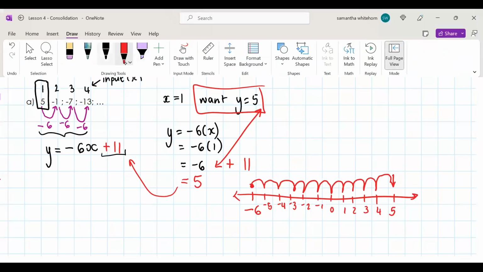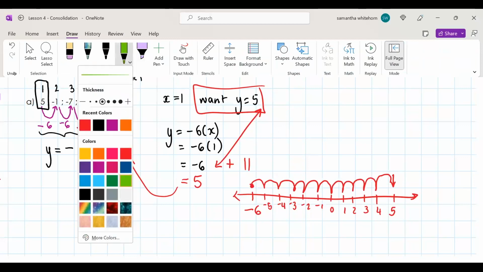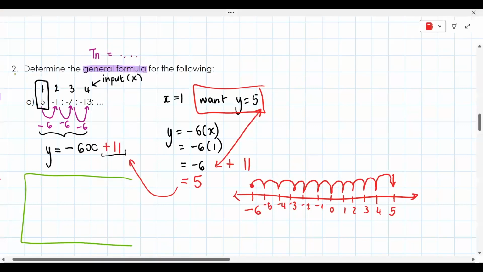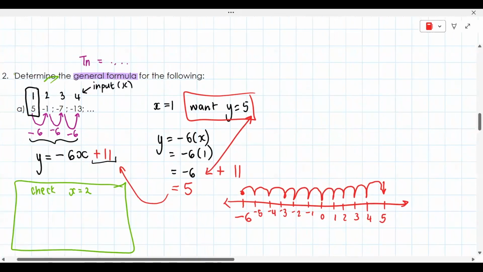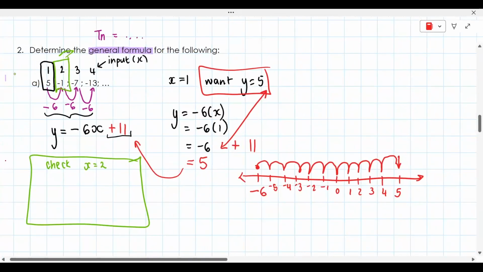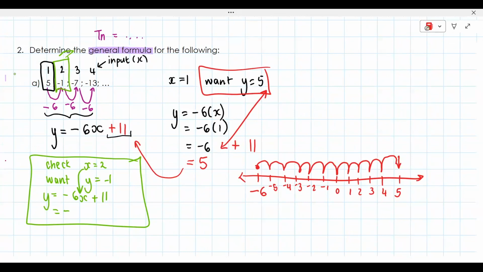Now I can double check myself just to make sure that my rule is correct. If I use x equals 2, I want a y value of -1. So let's use our rule. y is equal to -6x plus 11. Substitute in your x value: -6 times 2 plus 11.